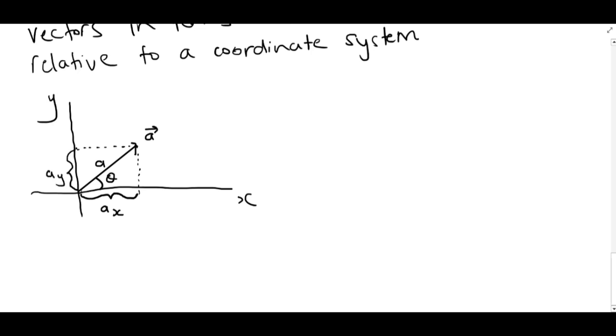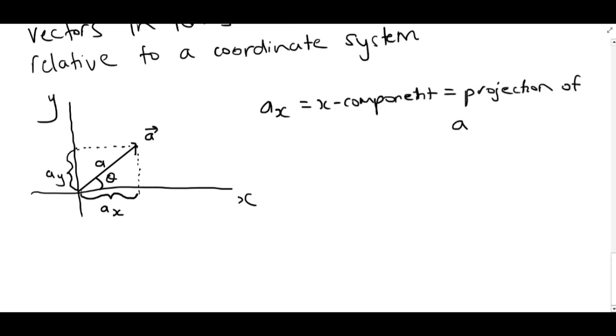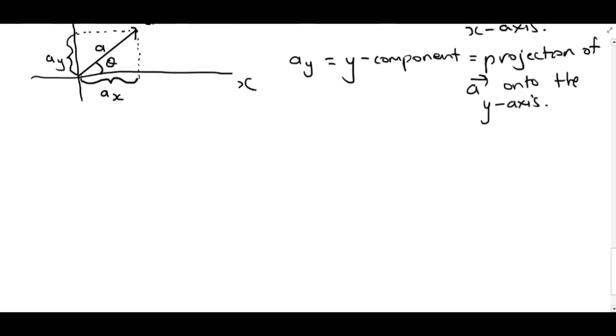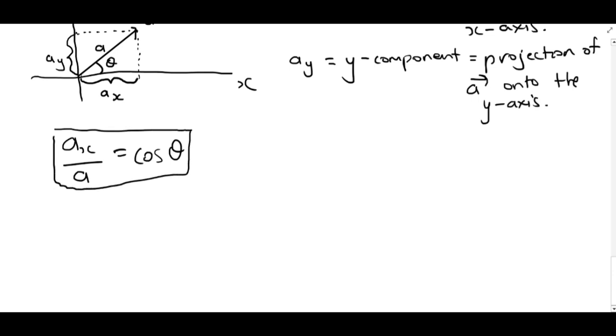Now AX is called the x component, so that is the projection of A onto the x-axis. AY is the y component, which is the projection of A onto the y-axis. We can also come up with a few formulas using SOH CAH TOA. First formula is AX over A, which is equal to cos theta, using cos is equal to adjacent over hypotenuse.